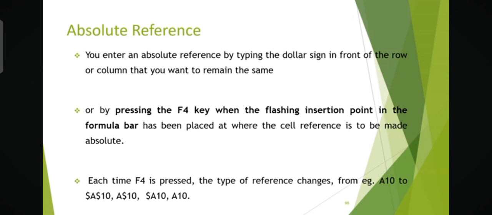Then you get an absolute cell reference in place. Each time F4 is pressed, the type of reference changes. For example, if you have A10 and you press it, the cell reference will change from A10 to one of these. So let's see if we can demonstrate that.